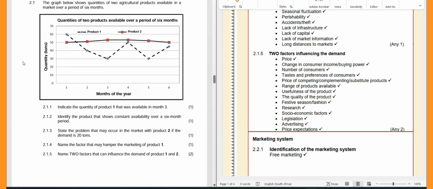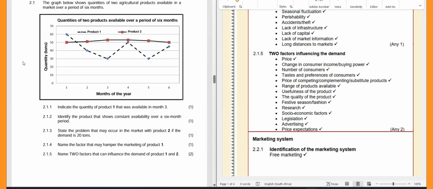If the disposable income decreases, there is a decrease in the money available to buy goods. Thus, the demand will be low. So that is the change in consumer income, or the change in the buying power. All right.